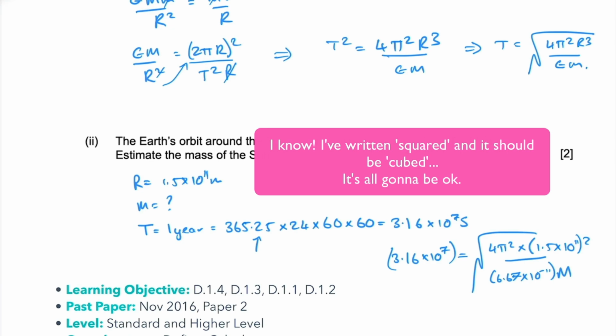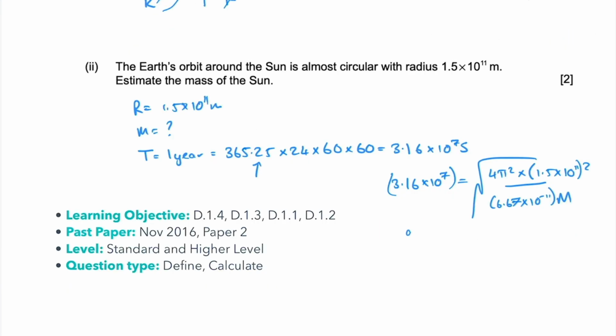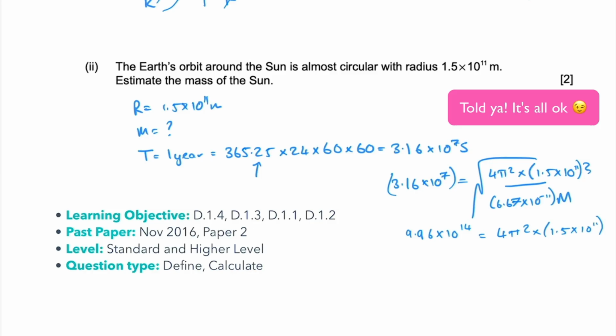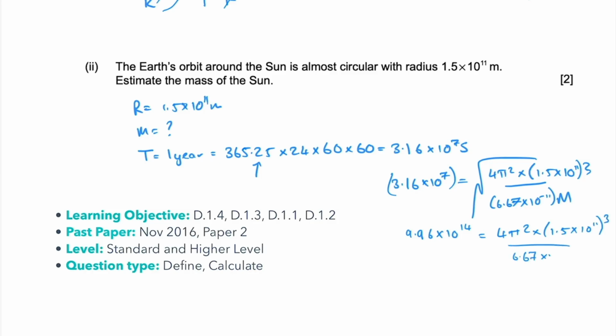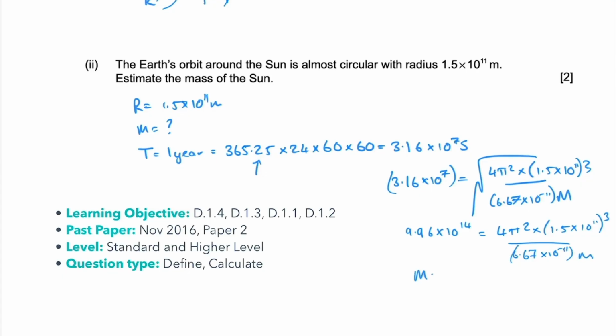Gosh, okay, let's square both sides. We've got 9.96 times 10 to the 14 equals 4 pi squared times (1.5 times 10 to the 11) cubed over 6.67 times 10 to the minus 11 M. Right, we're going to do some serious maths here.